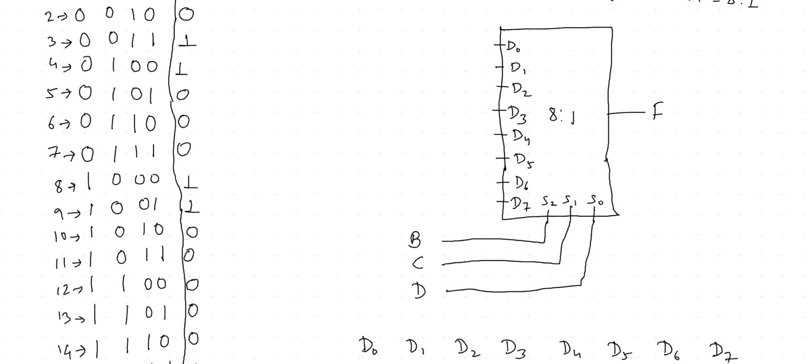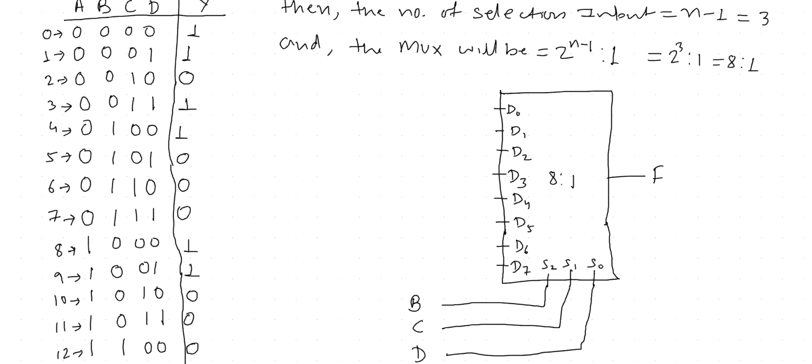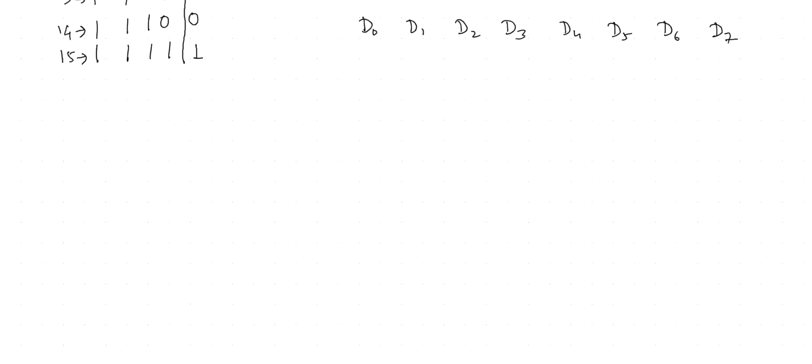When BCD is 0, 0, 0, then D0 will be output. If it is 0, 0, 1, then D1 will be output. If 0, 1, 0, okay, suppose I will show here. So by this BCD, your selection input, these are the select input, and your output, suppose F.